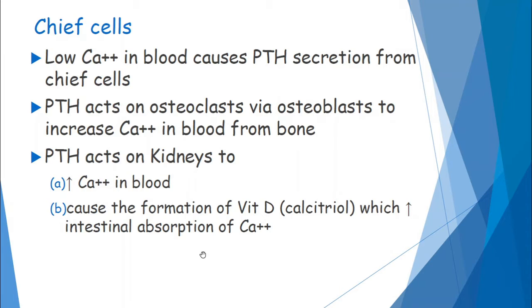PTH acts on the kidneys also to increase the calcium concentration in blood, and it also causes the formation of vitamin D, also known as calcitriol, which again increases the intestinal absorption of calcium. So the three major regions where the parathyroid hormone acts are the bone, the kidneys, and the intestine.